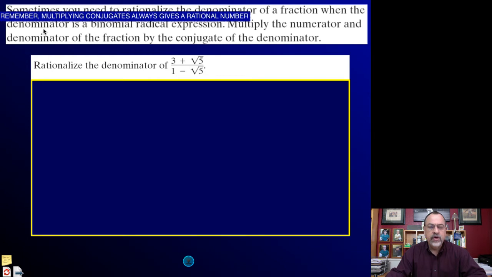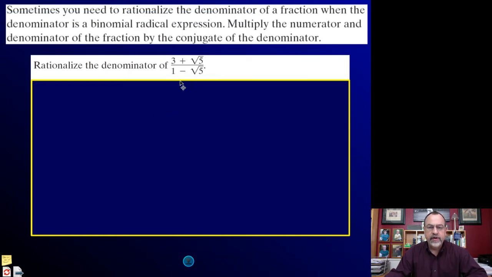That is going to give us a rational number in the denominator, which is what I want. And that really is division of these binomial radical expressions. Another way to say it is to just simply rationalize the denominator of these expressions.